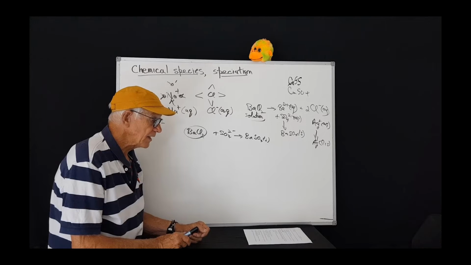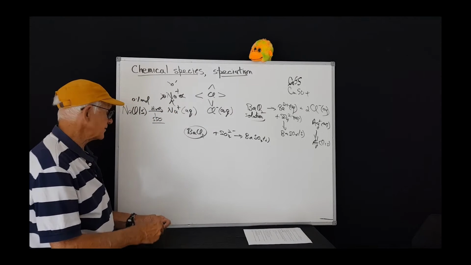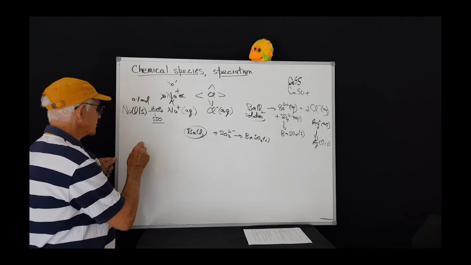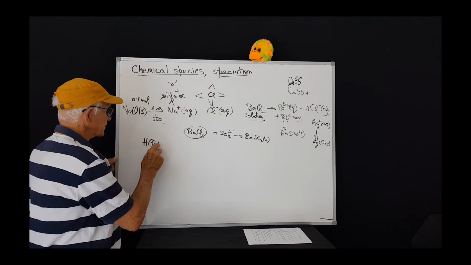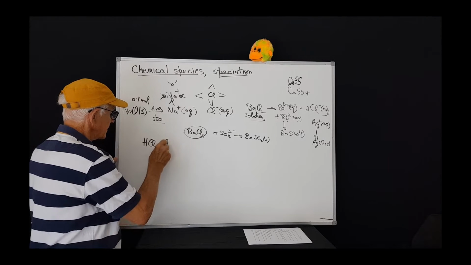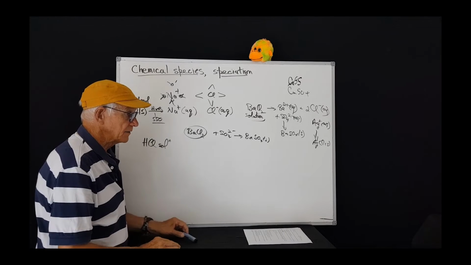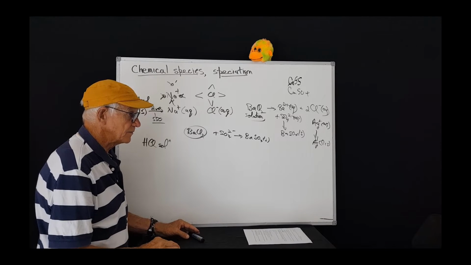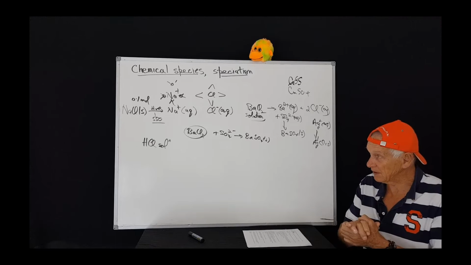Okay? Move on. We bubble hydrogen chloride gas into water and we produce what's called hydrochloric acid, which is a solution of hydrogen chloride. What about the species in there? Piece of cake, Prof. There are no HCl molecules in that solution.